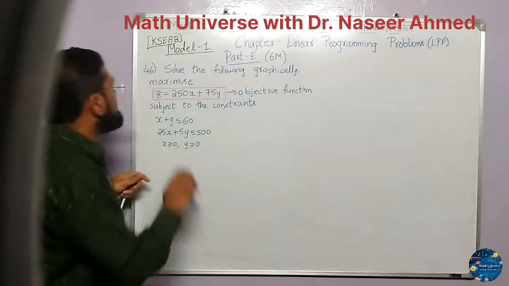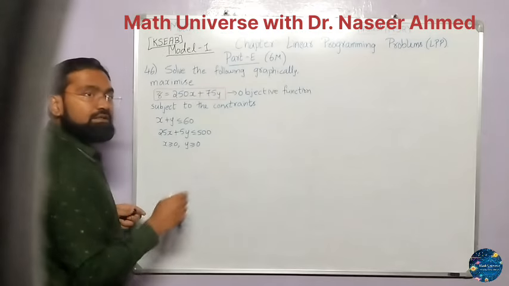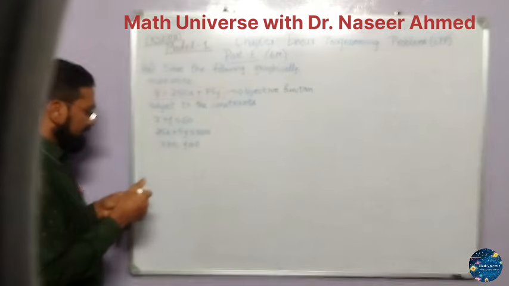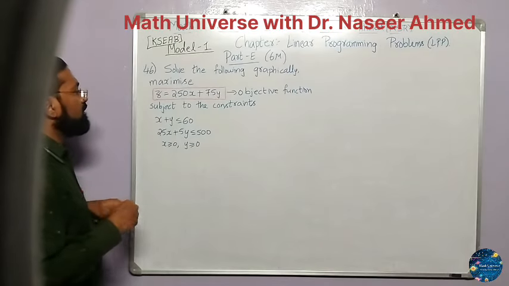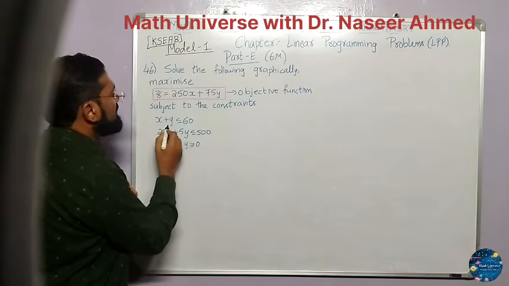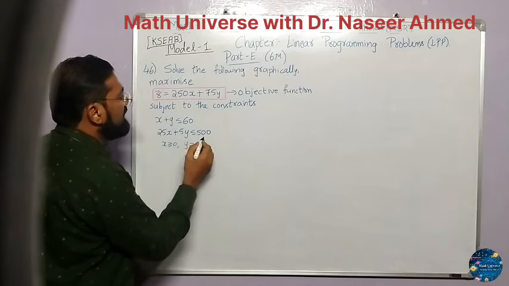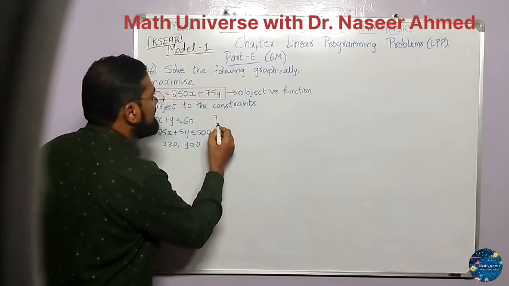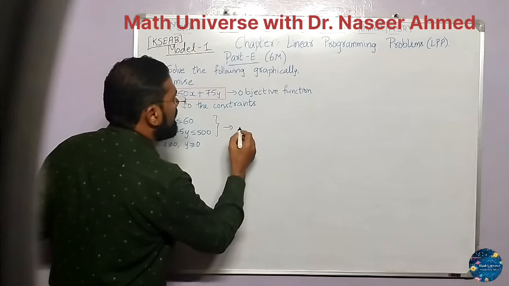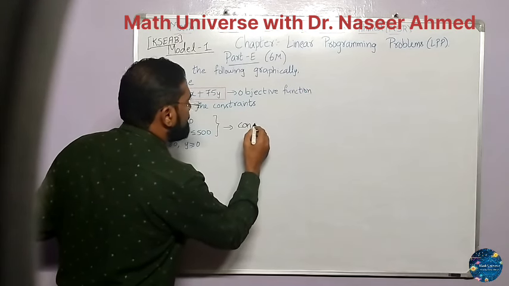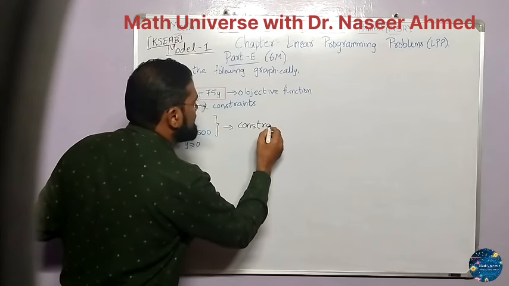Then, subject to the constraints, nothing but conditions, and here we have two constraints. One is x plus y less than or equal to 60, the other is 25x plus 5y less than or equal to 500. This we call the constraints, nothing but the conditions.